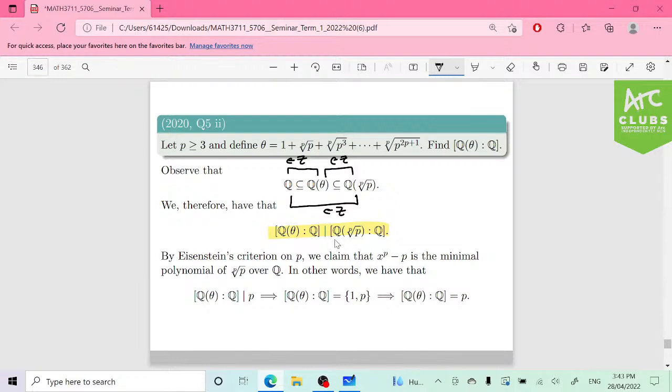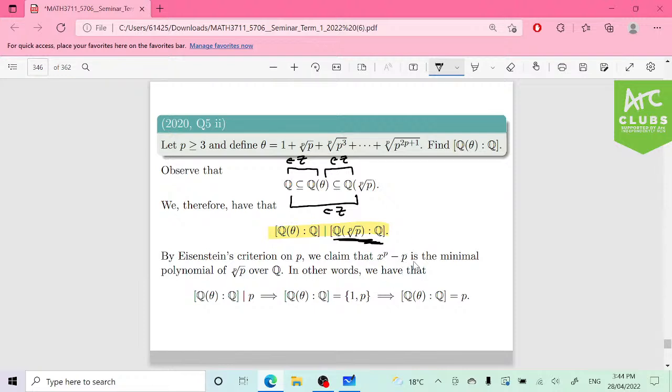But we can see that the minimal polynomial of the pth root of p has to be x to the power of p minus p. And this is actually irreducible by Eisenstein's criterion, right? Because p divides everything except for the leading term, and the square of p can't divide minus p.